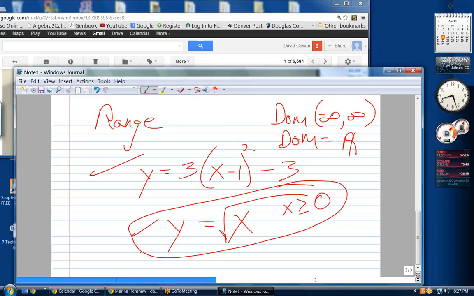What's the range of this second function here? What are all the possible values that y can attain? Can y be negative? Yeah. How do you get a negative y? What value for x would give you a negative y?